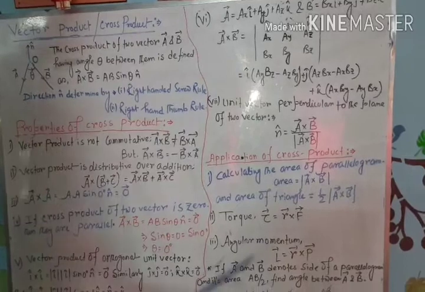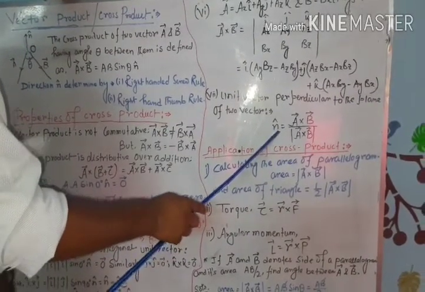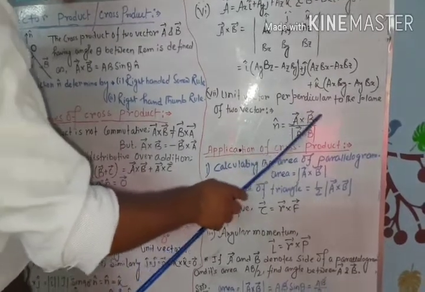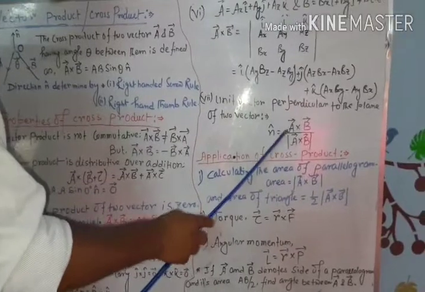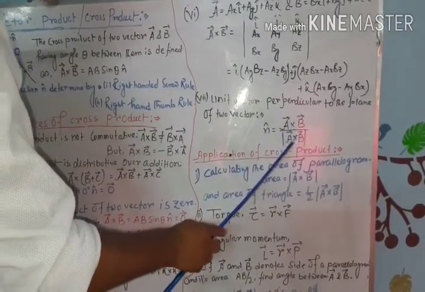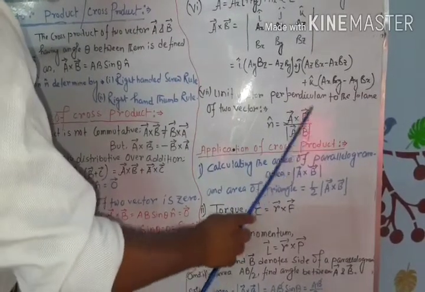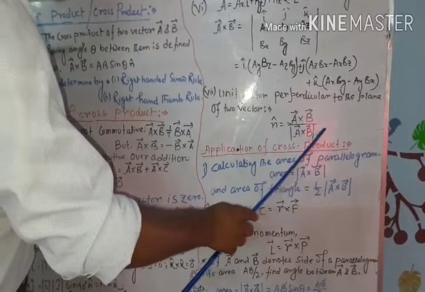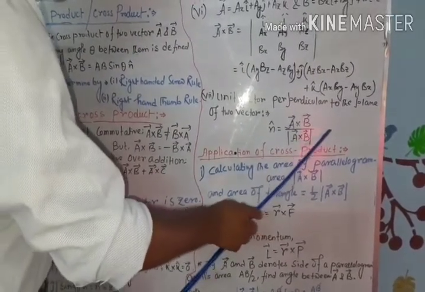So the formula for that: n cap, a unit vector which is perpendicular to the plane where A vector and B vector are situated, is given by n cap equals A vector cross B vector by mod of A vector cross B vector. So this is the formula for determination of a unit vector which is perpendicular to the plane where the two vectors A and B are situated.